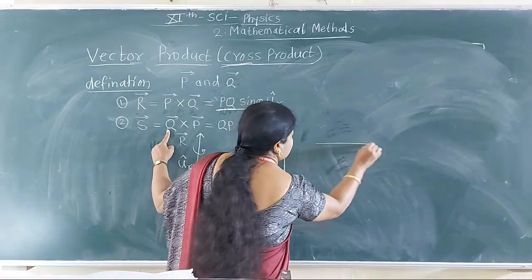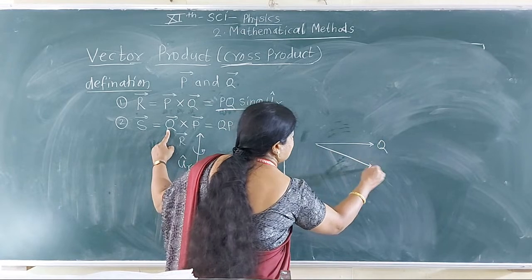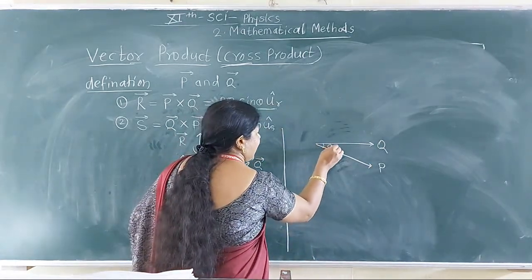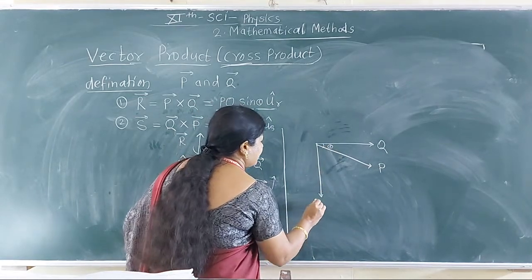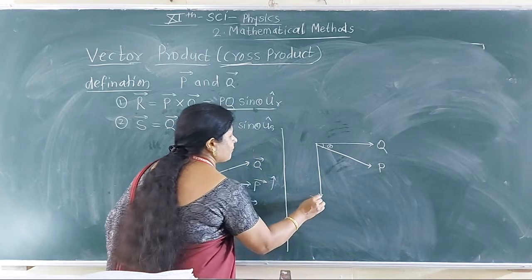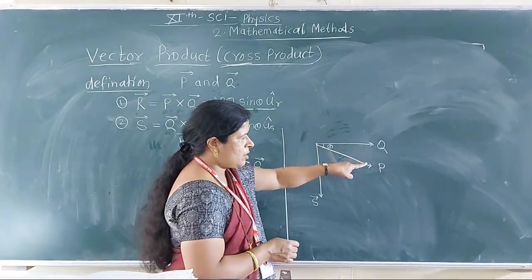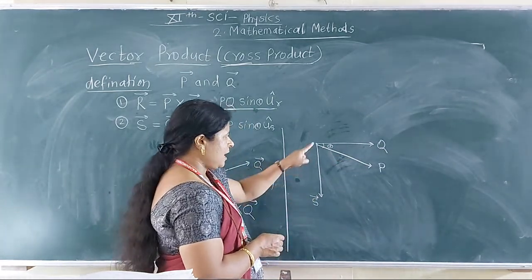Suppose this is the vector q and next vector p. The small angle is theta. Then its resultant is a vector s. The cross product of vector q and vector p is a vector s.